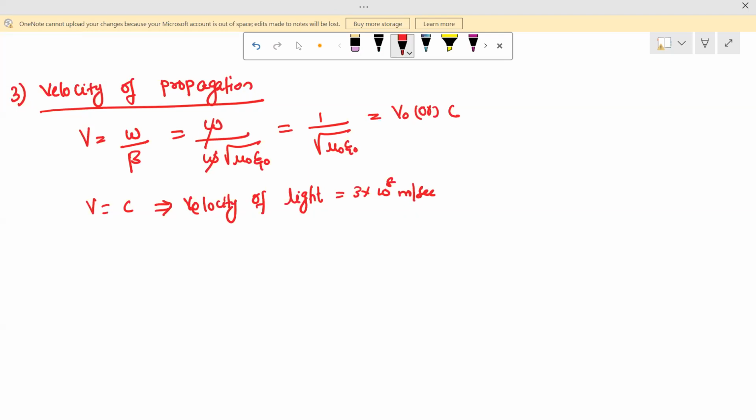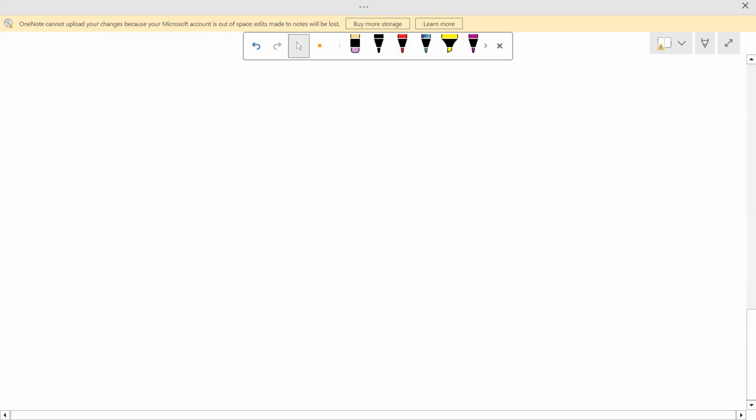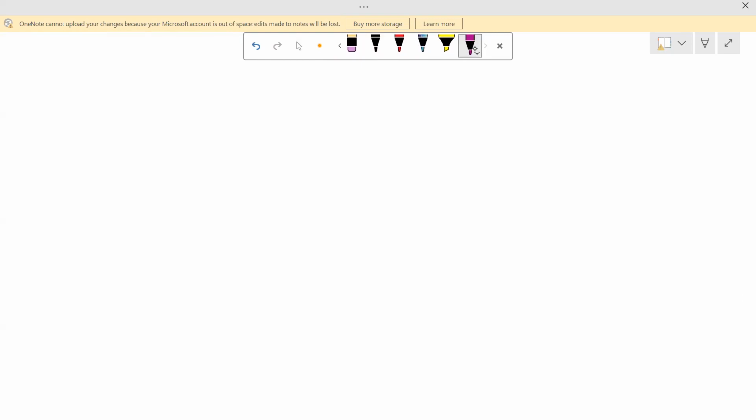The fourth characteristic for TEM waves is the cutoff frequency. Cutoff frequency FC is given by mv divided by 2a.